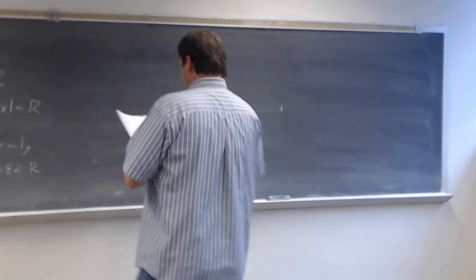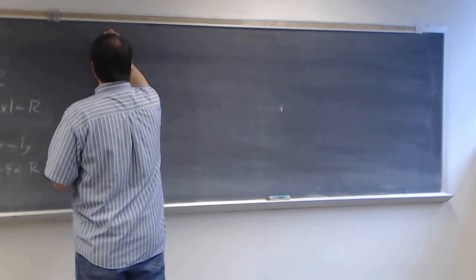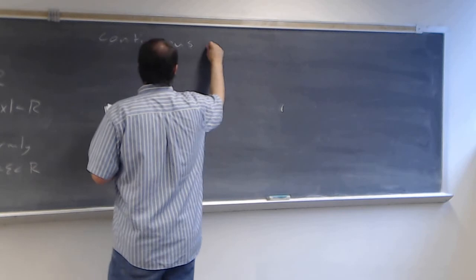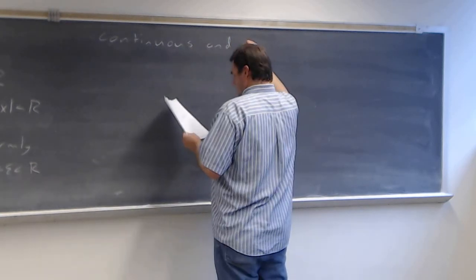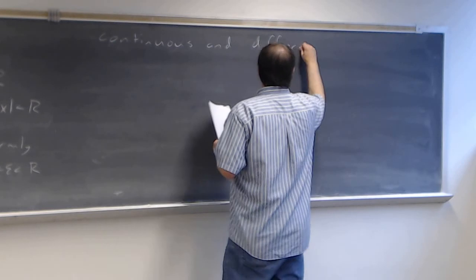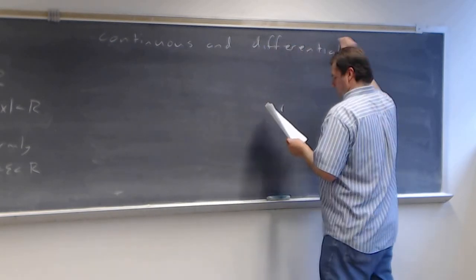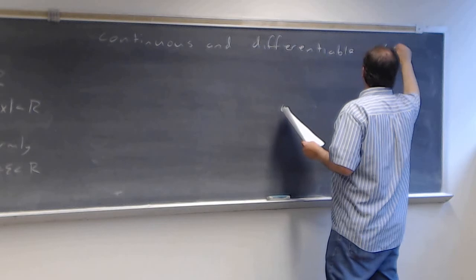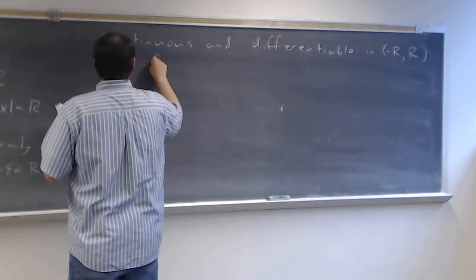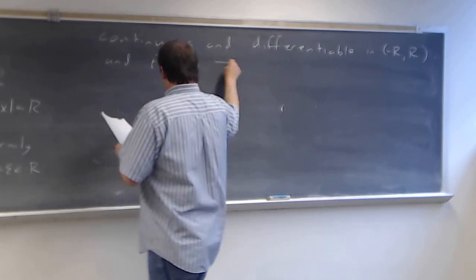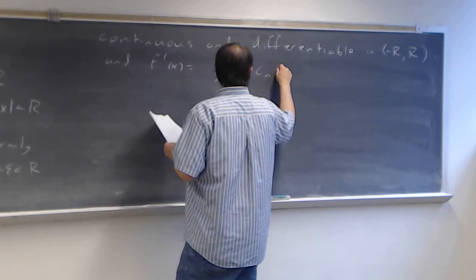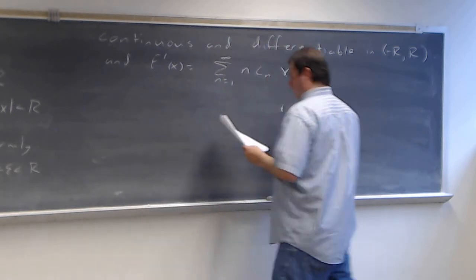It is continuous and differentiable in minus r to r, and the derivative of f is the sum as n runs from 1 to infinity of n times c sub n x to the n minus 1.